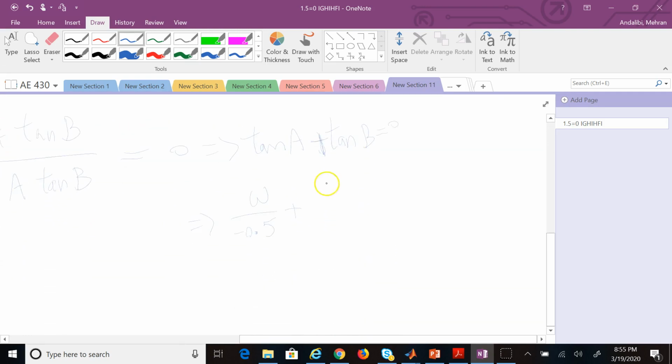So 3 omega over 3.25 minus omega squared. This is equal to 0. And now I don't think that is the hardest problem to solve, right? Because all you need to do is to take a common denominator like this.